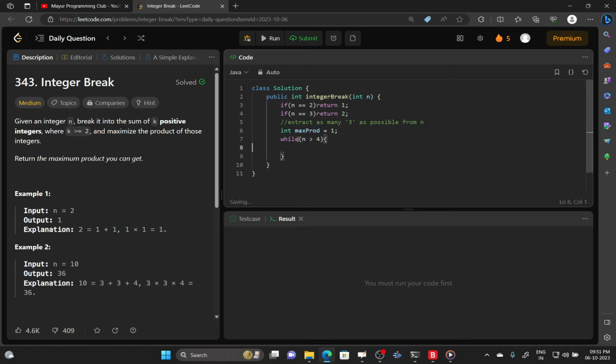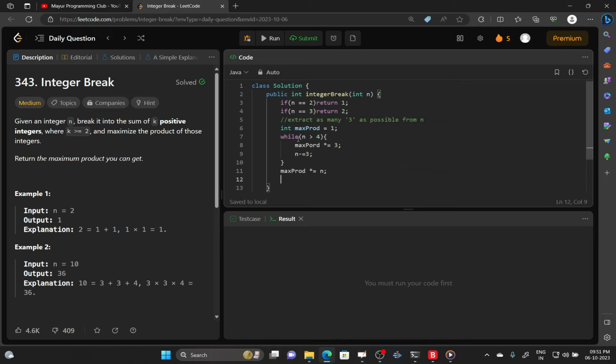Okay, then your n will be decremented every time by 3, since we will keep extracting 3 from n, and your product every time will be multiplied with 3. Okay, and then your max product will be multiplied by whatever is left of your n. Okay, and then you will return your max product.